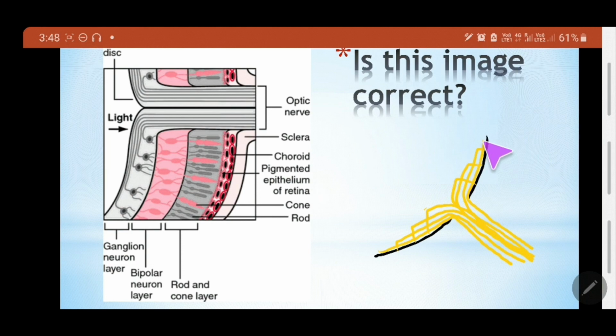Like here you find the vitreous. So as you move towards the center, the central fibers will emerge, the layers of the nerve fibers will become closer to the vitreous, and then they will emerge into the center of the optic nerve. Okay, I hope this is clear to you.